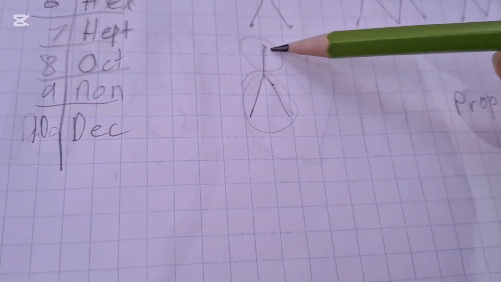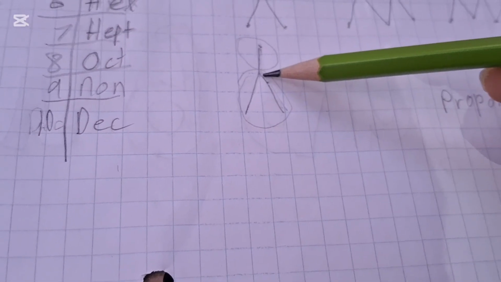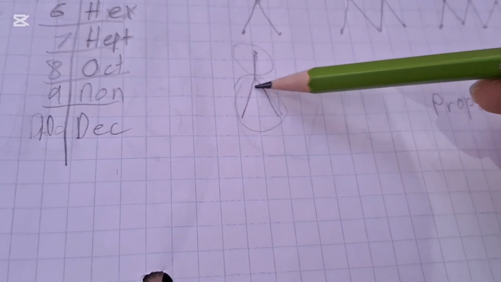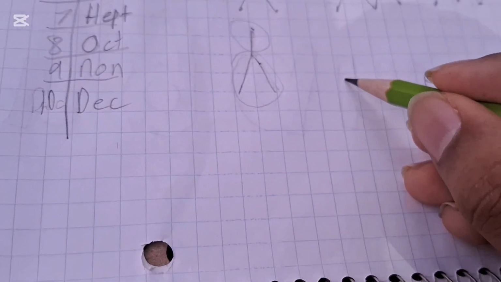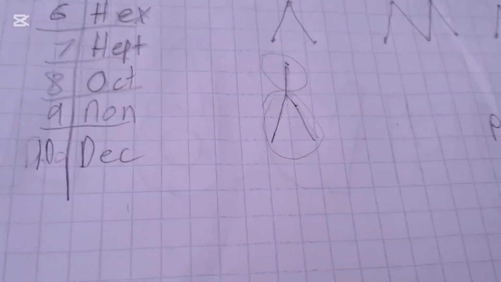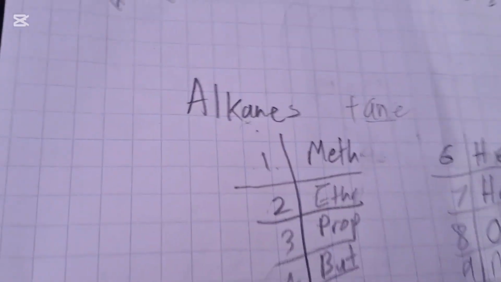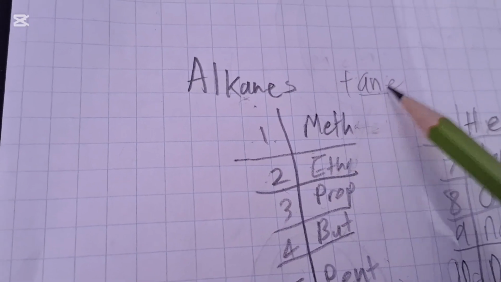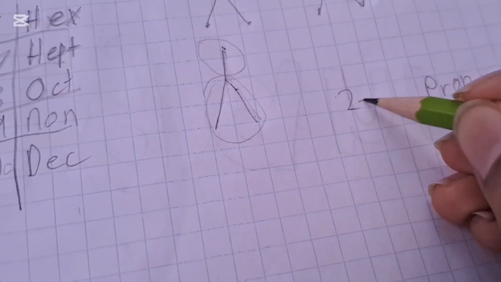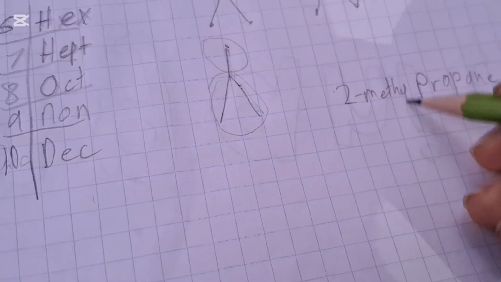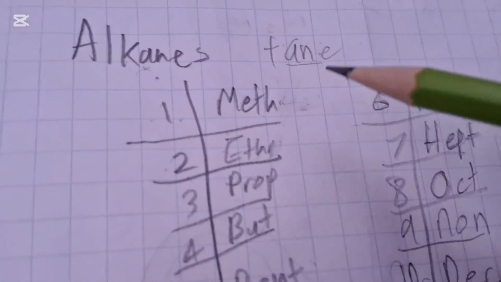Well, it has one carbon, and it is on the C2 atom. And it's only one carbon, right? And what is the one carbon? Methane. So we use 2-methyl. You have to use meth and then Y and L, and it applies to every one of them.